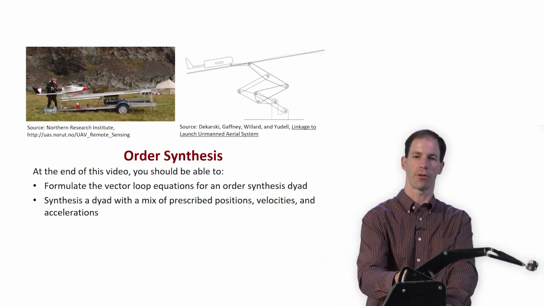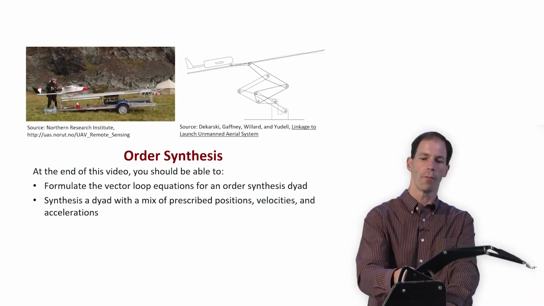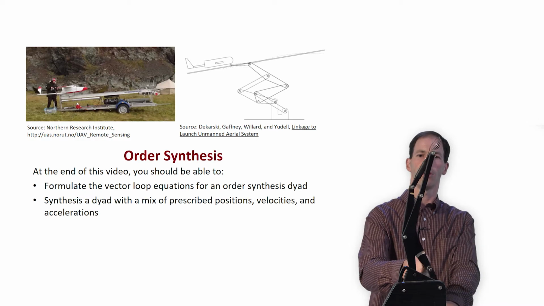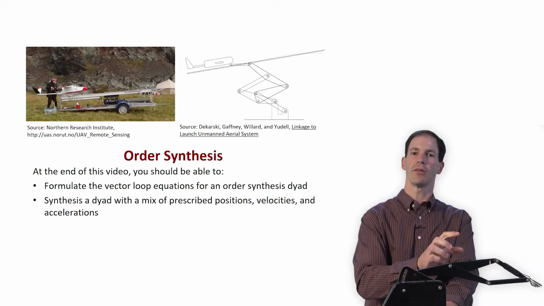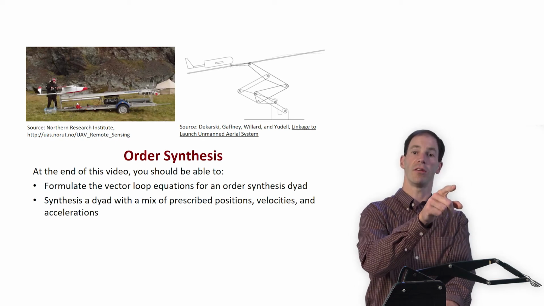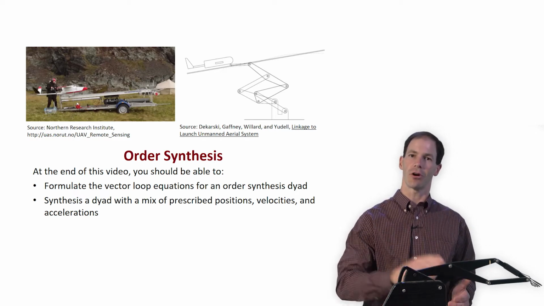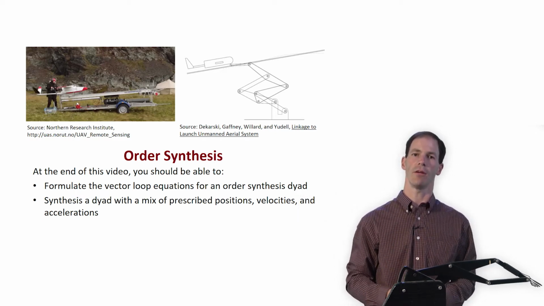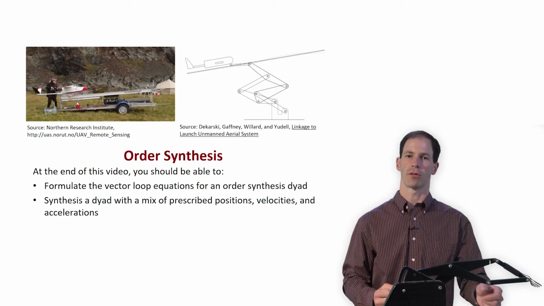So here I will move it through its range of motion, and you can see that it throws the projectile, but at the location where it throws it, you'll notice that it comes to a complete stop and then reverses. Well, in the synthesis of this, we can set up the velocity at that release point to be 0, and therefore it will stop, and I know that I will cause the projectile to keep moving and leave the launching mechanism. So, 2 examples of order synthesis.